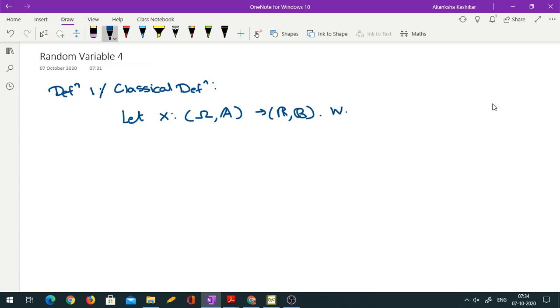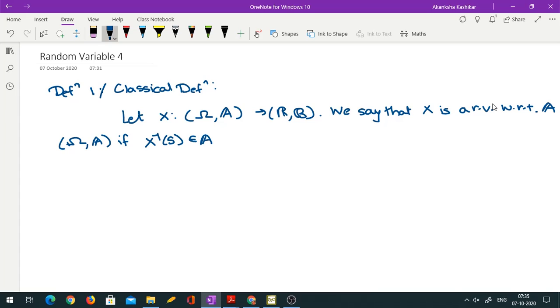Then we say that X is a random variable with respect to script A, or basically with respect to (Omega, script A), if X inverse of S is in script A for every S in script B. That is, the inverse image of a Borel set is in script A.